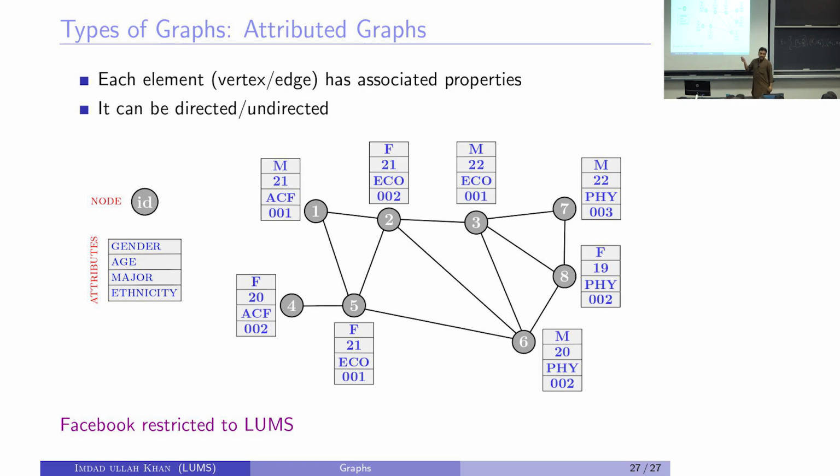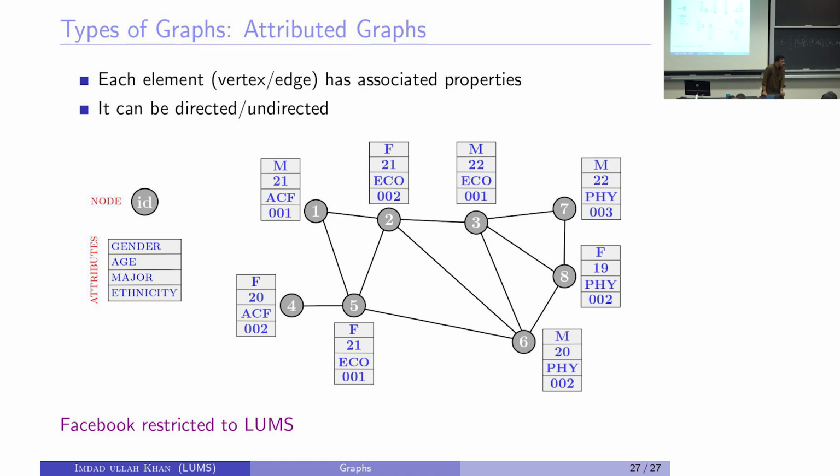Is this clear? How many users does this graph have? 8. Edge means friendship. There are also attributes, extra properties and characteristics of each user. Every person has a gender, an age, a major, and an ethnicity. It could be boarding hostelite status.